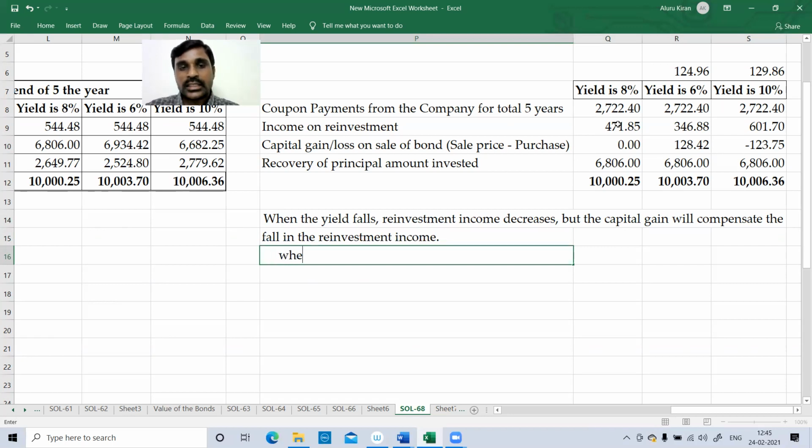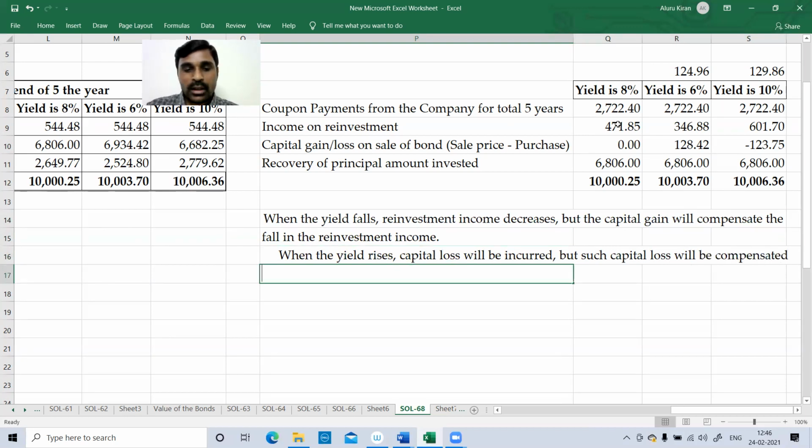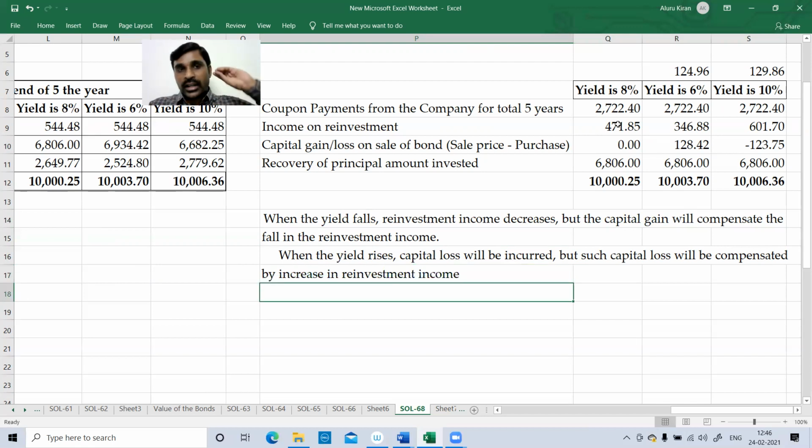Next, when the yield rises, capital loss will be incurred, but such capital loss will be compensated by an increase in reinvestment income. This is what immunization is. If I'm losing somewhere, I definitely have some other remedy to recoup or compensate for that. That is what immunization is.